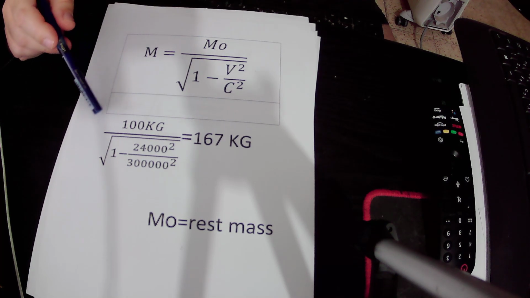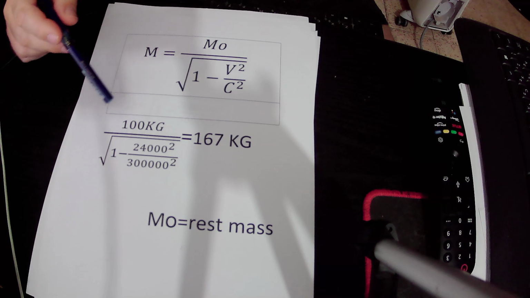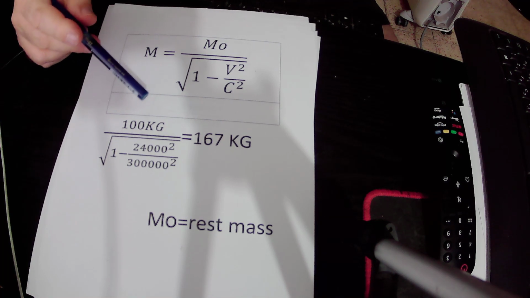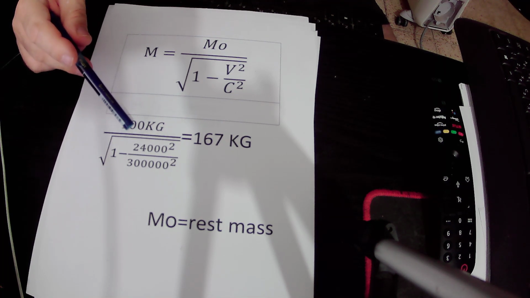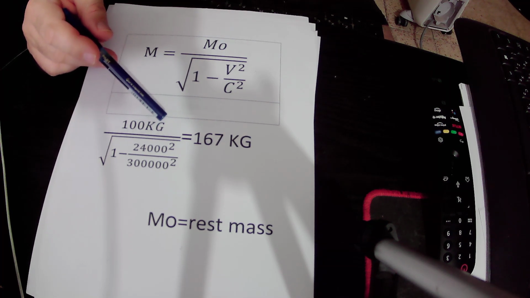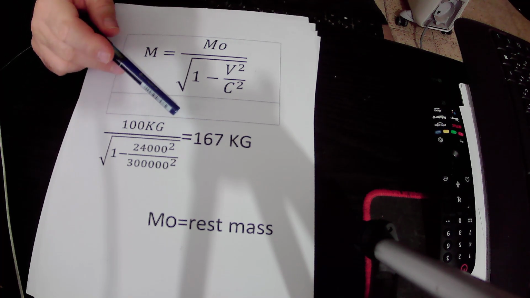So if the twin brother on Earth weighs 100 kilograms, when he goes to space and travels at 80% of the speed of light, that is 240,000 kilometers per second, his body mass will increase.